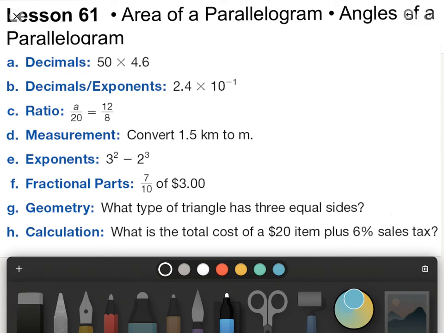All right, so for decimals, we can think of this as 5 times 46, or 200 plus 30, otherwise known as 230. Then, really, this one is just dividing by 10. Or it's 2 4/10 times 1/10.